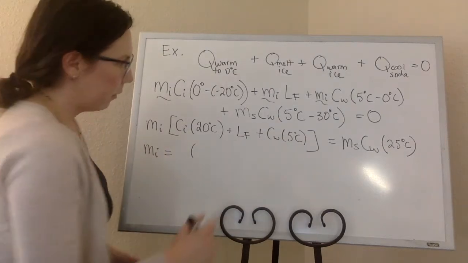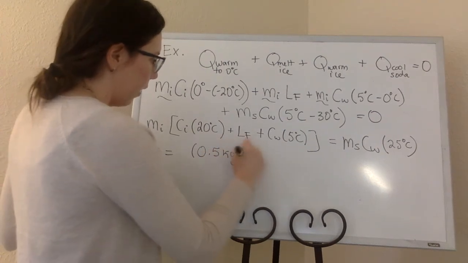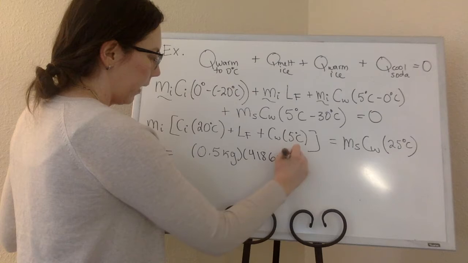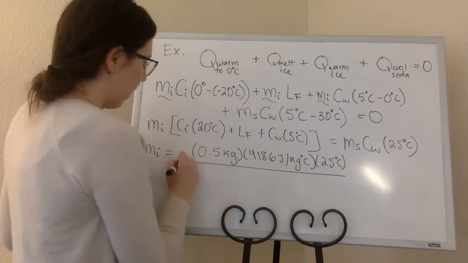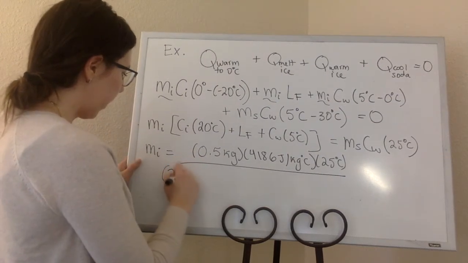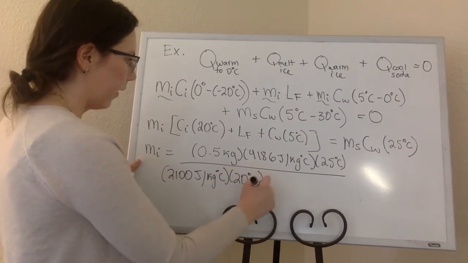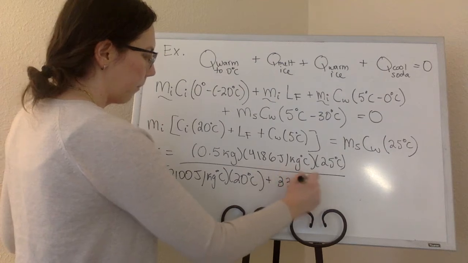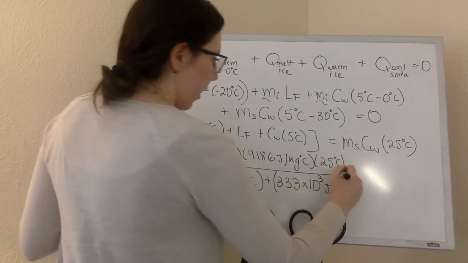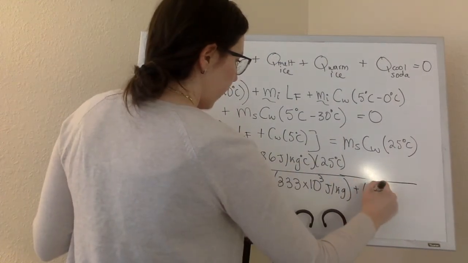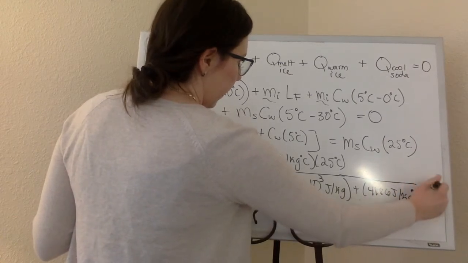So that's going to be 0.5 kilograms for the soda, 4,186 joules per kilogram degrees Celsius for the water times 25 degrees, over C for ice, 2,100 joules per kilogram degrees Celsius times 20 degrees, plus 333 times 10 to the 3 joules per kilogram for water. And then, over here I have plus 4,186 joules per kilogram degrees Celsius times 5 degrees.